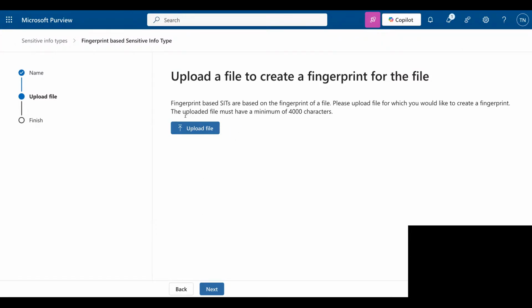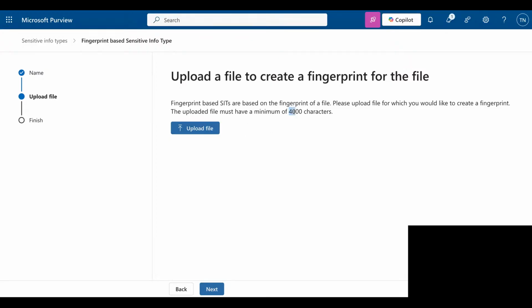So here I'm going to have to upload samples or examples of what a birth certificate looks like, so that the system gets to learn and so that when somebody tries to send a birth certificate somewhere or to someone, the system will know exactly how a birth certificate looks like because already it has captured what I've uploaded here.